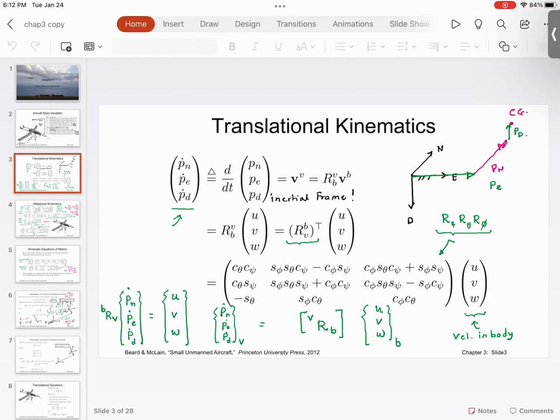From the GPS, if the aircraft has a GPS, the GPS is going to give the flight computer Pn, Pe, and Pd. So right now, you have GPS-provided Pn, Pe, Pd, and you have flight-computer-computed Pn, Pe, and Pd.